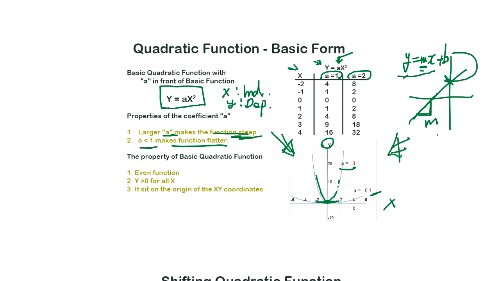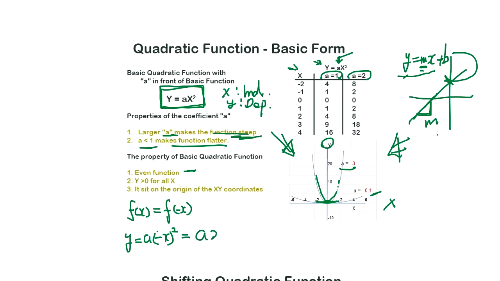And this particular function, we can tell it's an even function. How can we tell? Do you remember the even function definition? Right. So let's put negative x in place of x. What kind of function is this?